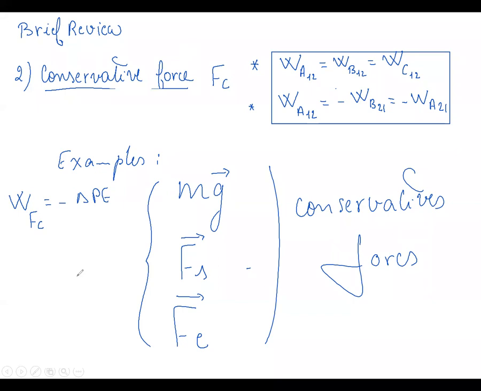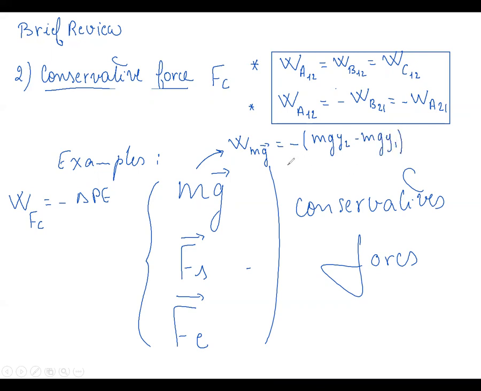In the case of gravity, omega mg equals minus delta gravitational potential energy, equals minus (mg y2 minus mg y1).